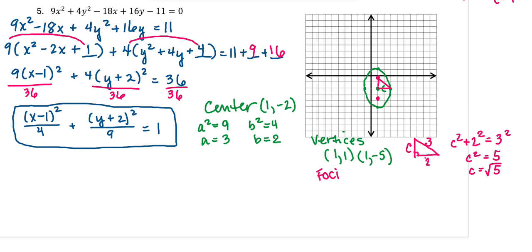So notice that the x coordinate is going to be the same as the center, 1. And then we're going to start there at -2 and add root 5. And then in our other one, we're going to go over 1 and then start at -2, but then subtract square root of 5.